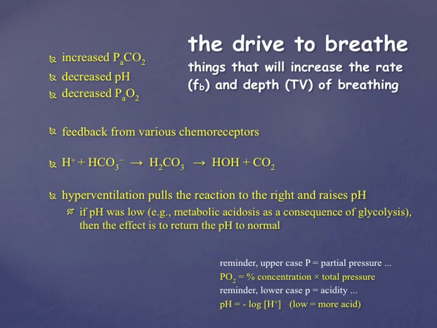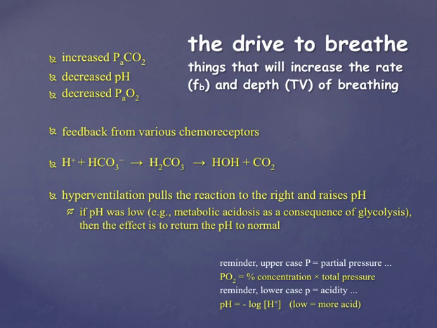I've shown here the buffering equation, or Dr. Hill's favorite equation. And what you see on the left-hand side is the hydrogen ions reflecting acidity, and the bicarbonate buffer. The bicarbonate buffer works by hiding, if you will, those hydrogen ions in the form of carbonic acid, H2CO3.